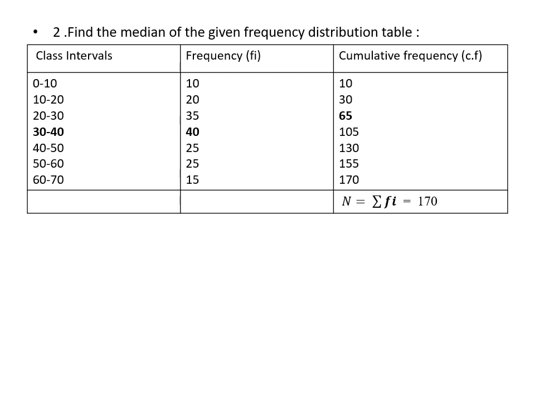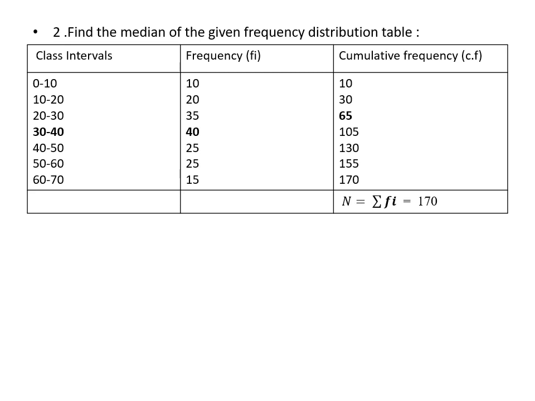Fourth, 65 plus 40 gives you 105. 105 plus 25 means 130. 130 plus 25 means 155, and 155 plus 15 equals 170.